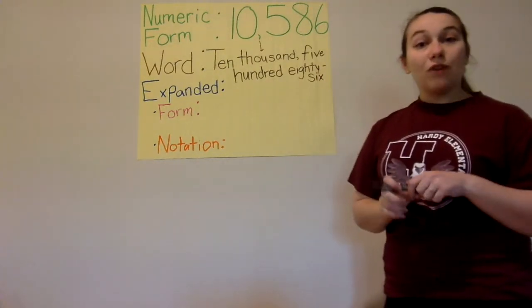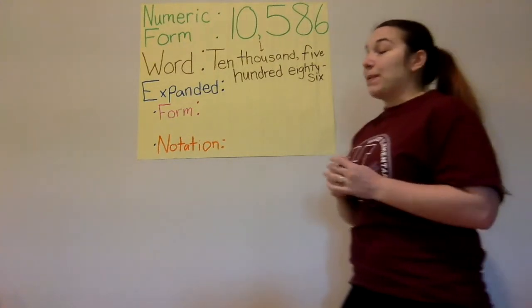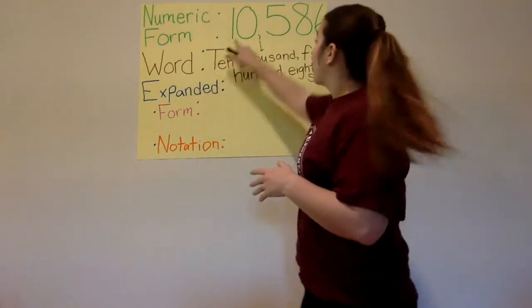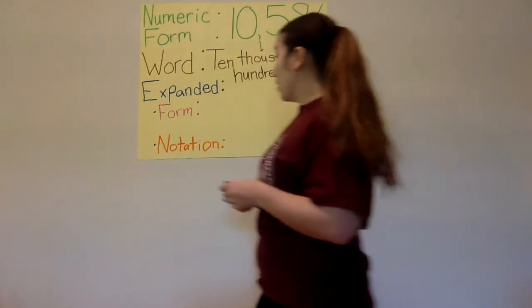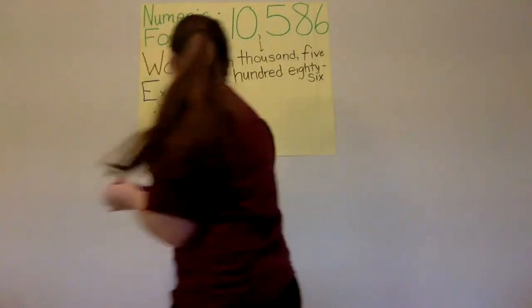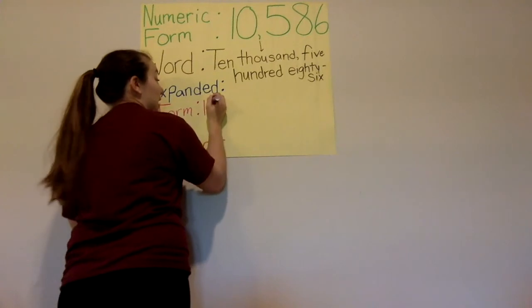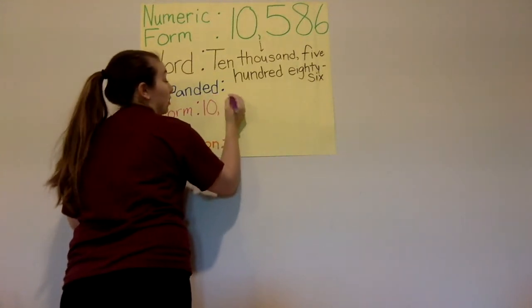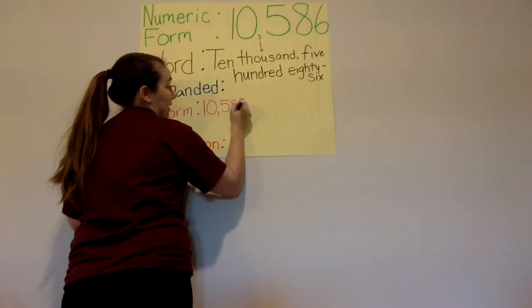Now we are going to move on to expanded form, all right? Now, expanded form is where we stretch out these numbers. So, whenever we are doing expanded form, our answer has to equal 10,586.